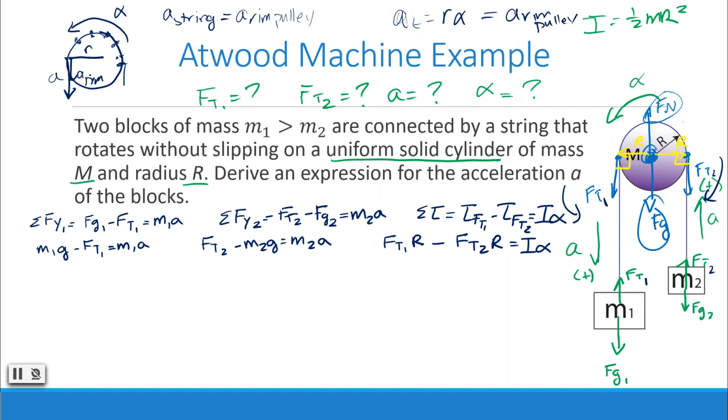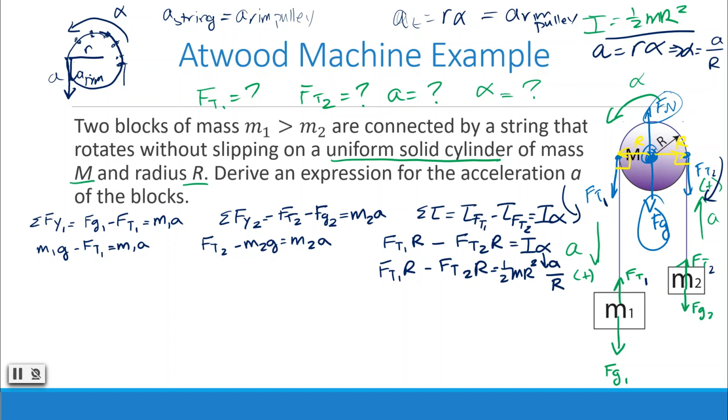So we can assume that the linear acceleration, a, is equal to r times alpha. And that allows me to replace alpha with a over r. So I'm going to make that insertion right there. So you get Ft1 times r minus Ft2 times r is equal to, I'm going to use I as 1/2 mr squared, and alpha is a over r.